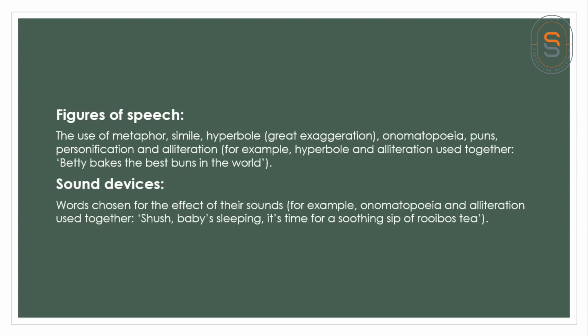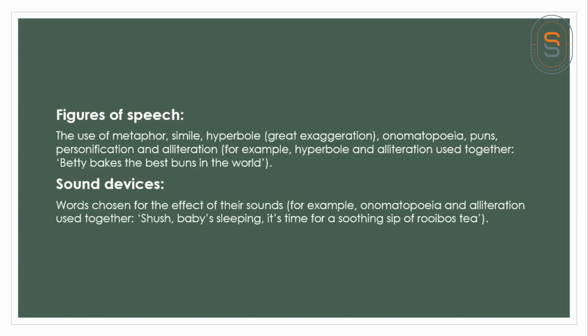Obviously, there will be figures of speech: the use of a metaphor or a simile or hyperbole, which is over-exaggeration, onomatopoeia, puns, personification, alliteration. For example, here's a hyperbole and alliteration, and according to me, a pun used together: Betty bakes the best buns in the world. Right, to grab your attention immediately.